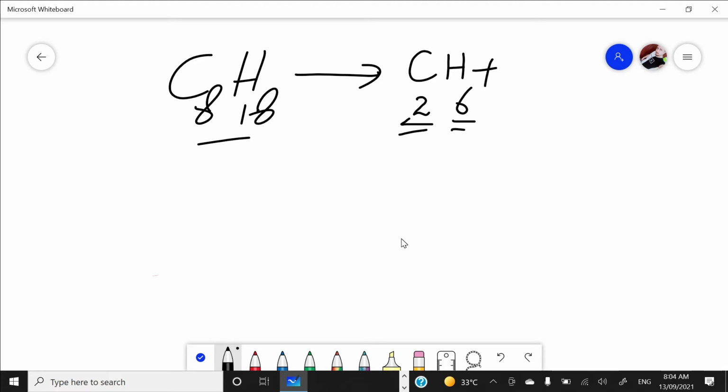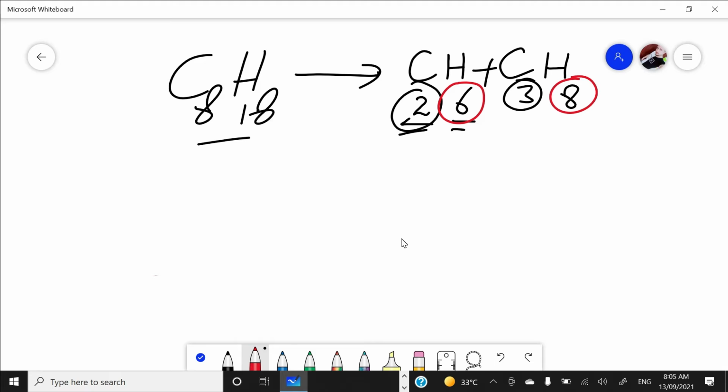So if I make another alkane by C3H8, so total of 5 carbons are gone, and total of how many hydrogens are gone? 14. So 14 I got. So I still have 3 of the carbons in my hand.